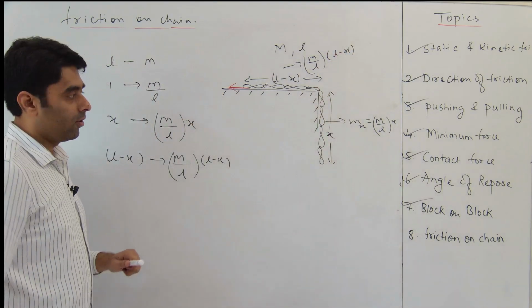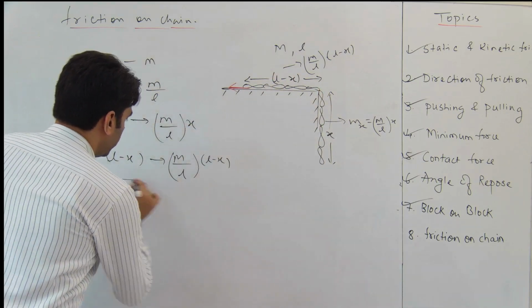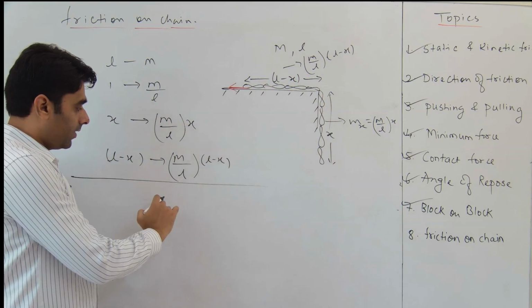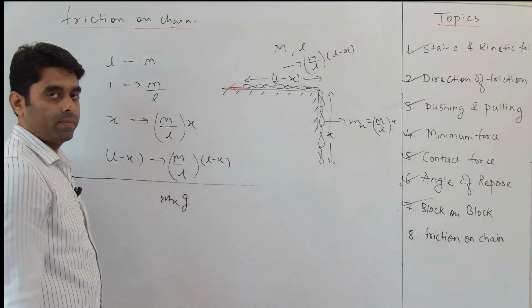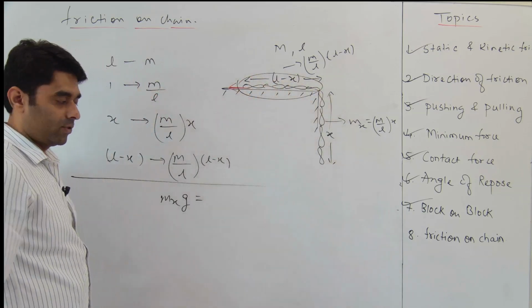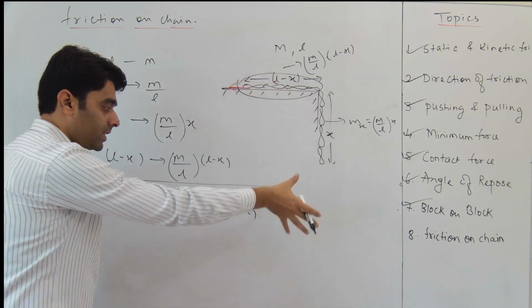Simple story now. We have the mass of the hanging part and the mass of the part which is on the table. What is the gravitational force acting on the hanging part? We can write it as m by L x into g, which will become equal to the limiting friction acting on the L minus x part, when the chain will start sliding.